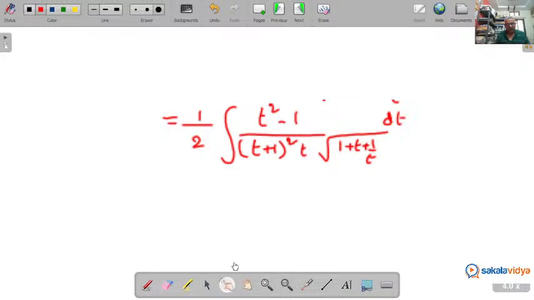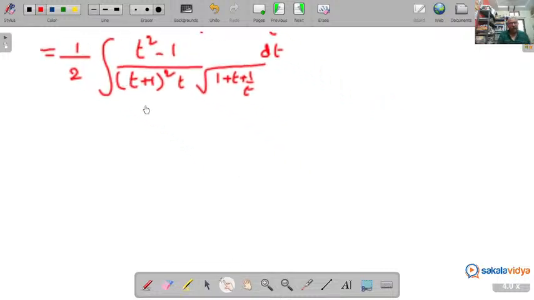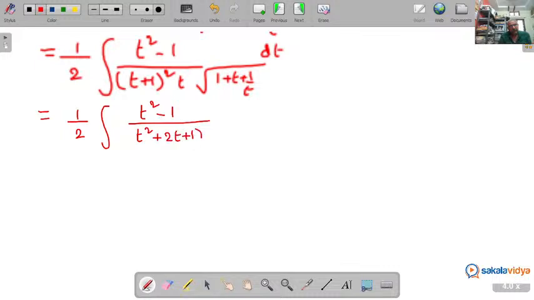So we need to work this out further. This can be written as the integral of t square minus 1 by t plus 1 whole square. T plus 1 whole square is equal to t square plus 2t plus 1, t under root of 1 plus t plus 1 by t dt. Right.